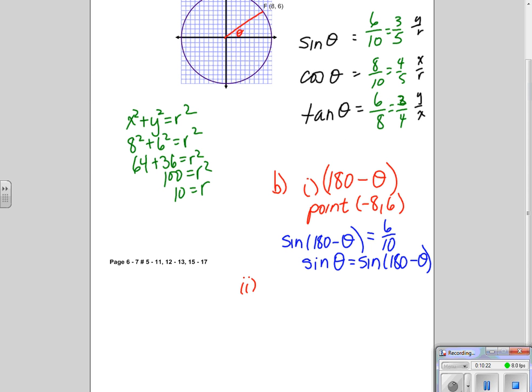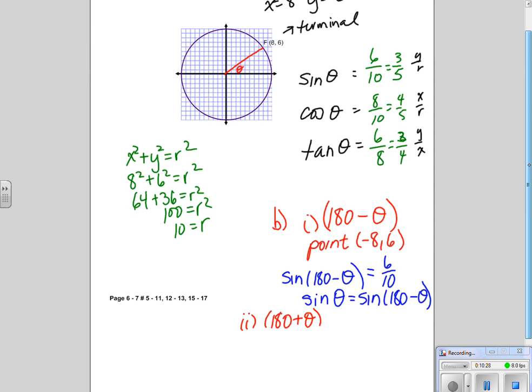They ask us to look also at the angle 180 plus theta. So let's get that on our diagram. So we have theta, which passes through the point 8, 6. And 180 plus theta would be the angle of rotation all the way there, plus a bit further, goes through there. Again, don't trust my diagram. 180 plus theta.